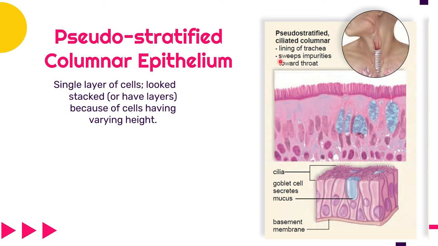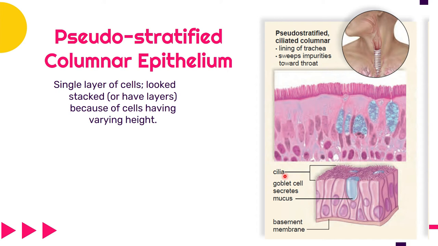Okay? And usually, pseudostratified columnar epithelium is ciliated, meaning it has cilia. I mentioned cilia in the last pre-recorded lecture. Cilia are hair-like projections of the cell with a back and forth motion.